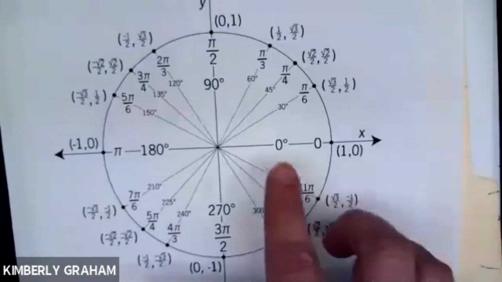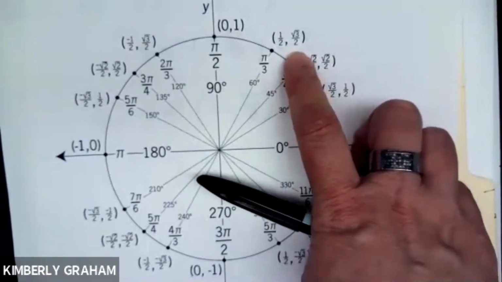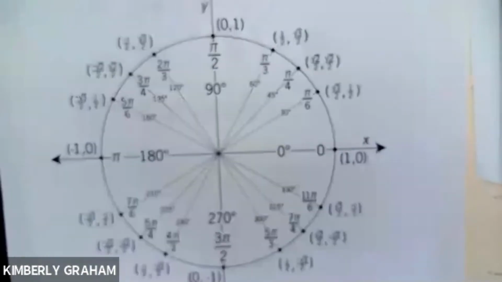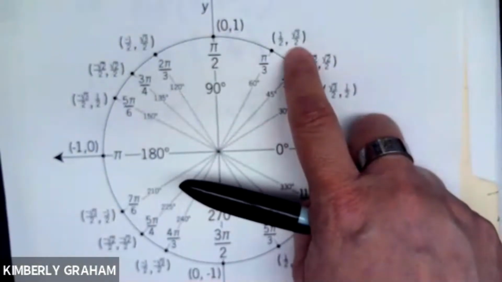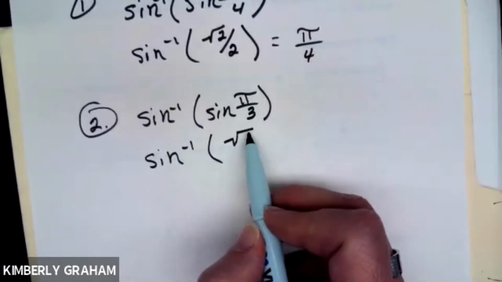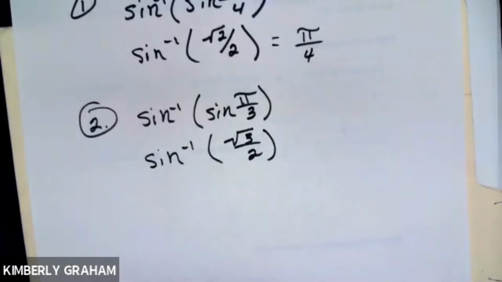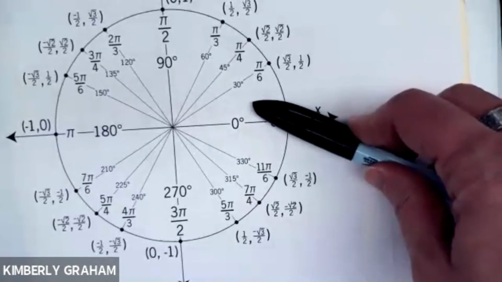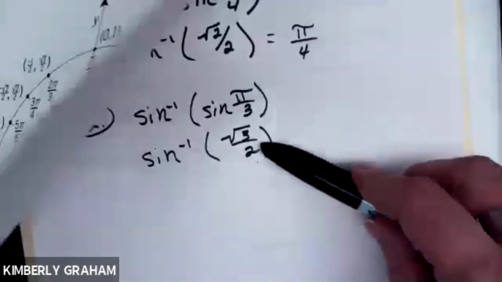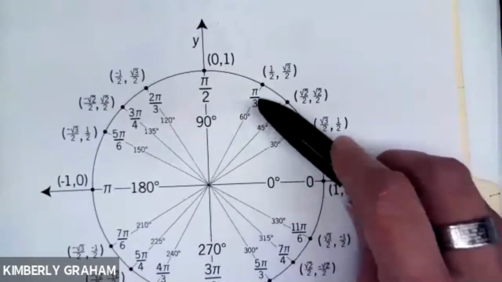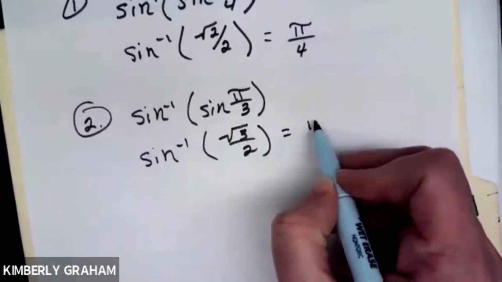I can just use my unit circle here, get square root of 3 over 2 for my point there. So sine inverse of square root of 3 over 2. Well, when I'm looking at the inverse, I'm looking at either quadrants 1 or 4. And because I have a positive value here, I'm at quadrant 1. So this is just going to be pi over 3 for the answer.